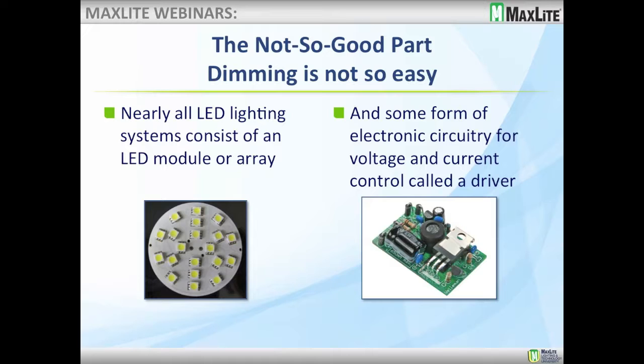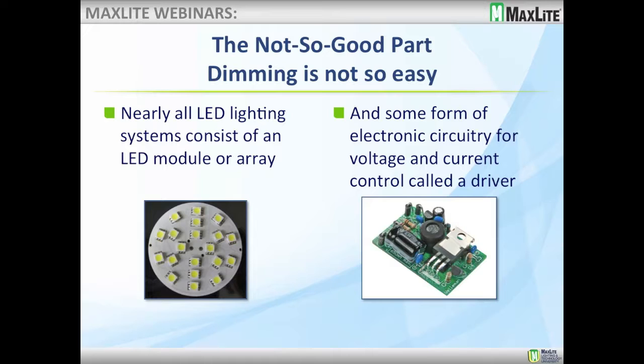So all LED lighting systems, you probably know, consist of an LED module or an array. That's a bunch of LEDs mounted on a board, or a single LED mounted on a board. But then there's some electronic circuitry connected to those LEDs that converts line voltage down to the DC voltage that you need to control the LEDs, and it also controls the amount of current going through the LEDs, which in most cases makes them brighter or less bright.